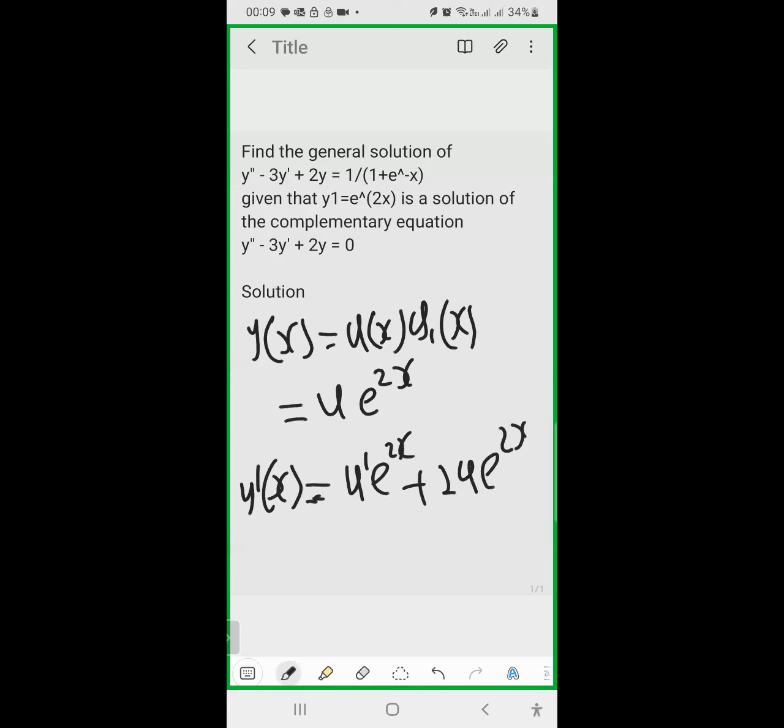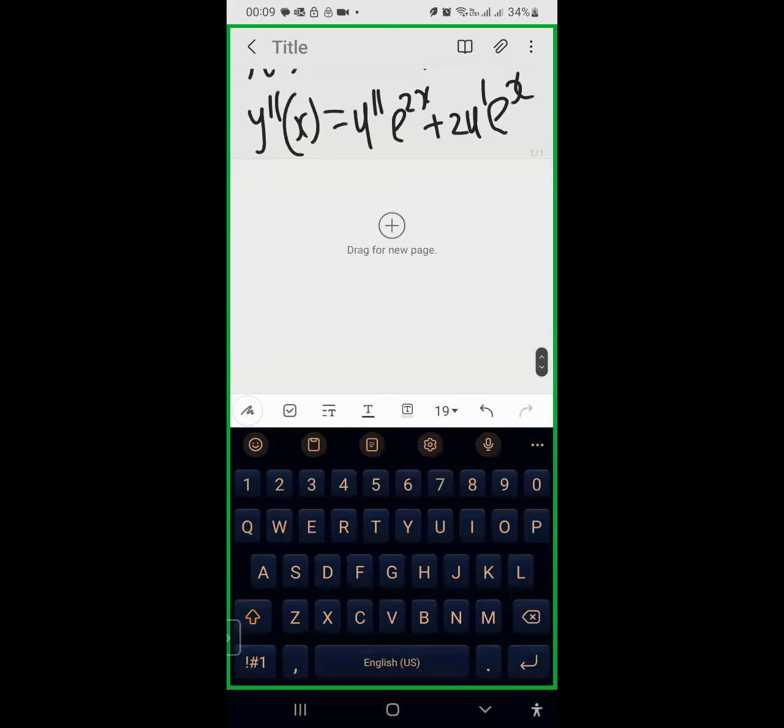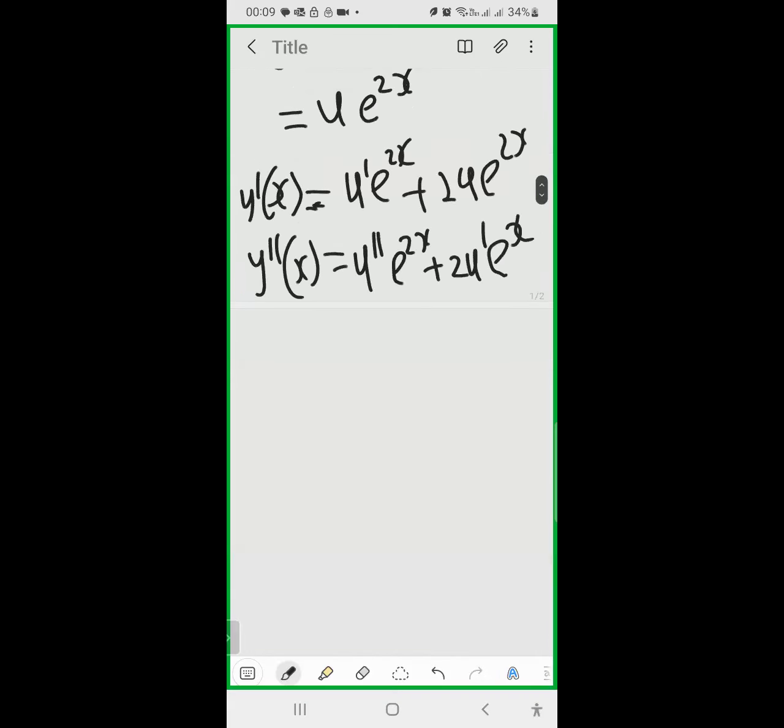And then the second derivative is going to be equal to u double prime e to the power 2x plus 2u prime e to the power 2x plus 2u prime e to the power 2x plus, this is going to be 2 times 2, which is 4u e to the power 2x.